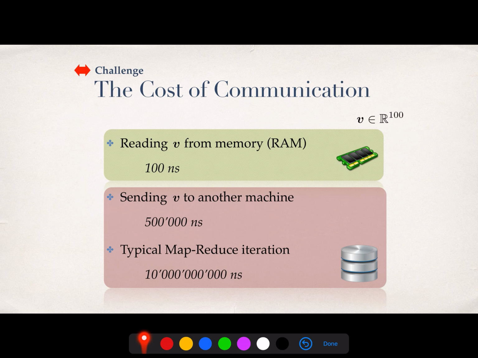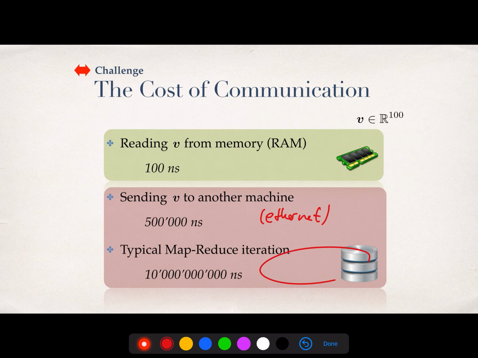So reading this from RAM is fine, very fast. Takes about 1 nanosecond per parameter, something like this. However, if you would do this over Ethernet, so then sending the same 100 numbers, that would be a lot slower, for example, maybe 1,000 times, 5,000 times slower.